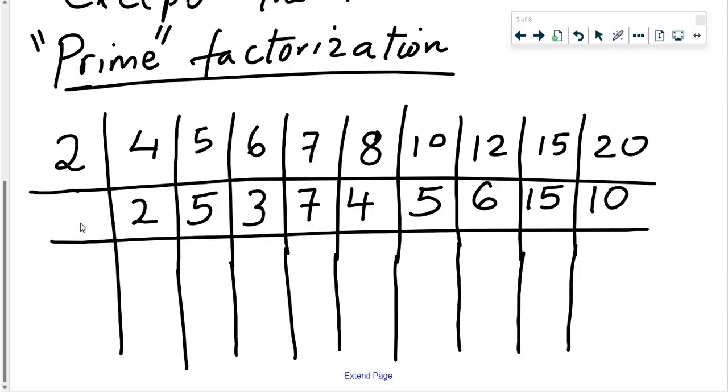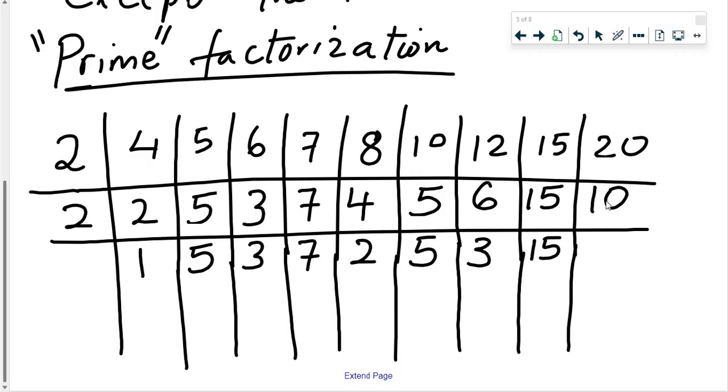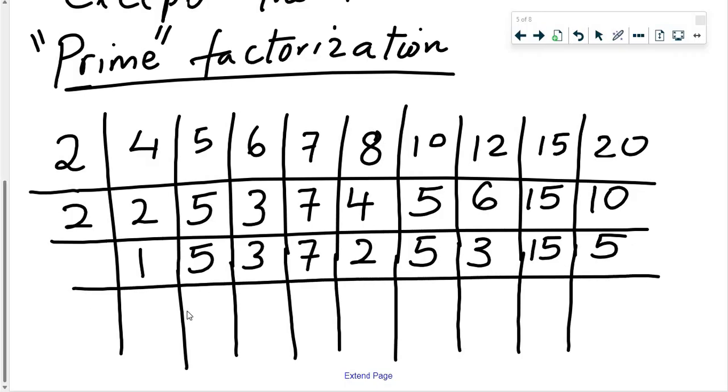Again, 2. 2 divided by 2, 1. 5 divided by 2, not possible, copy paste 5. 3 divided by 2, 3. 7 by 2, 7. 4 divided by 2 is 2, 5 stays, 10 divided by 2 is 5, and 15 divided by 2 is not possible. Can we still go by 2?